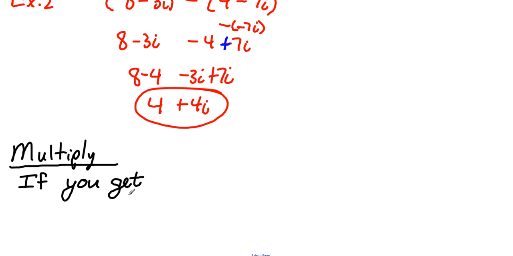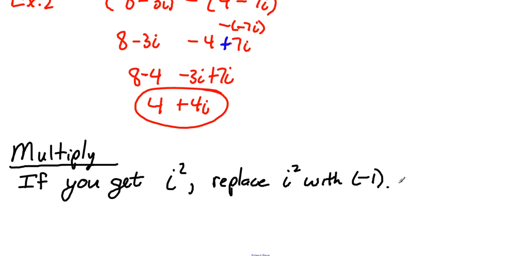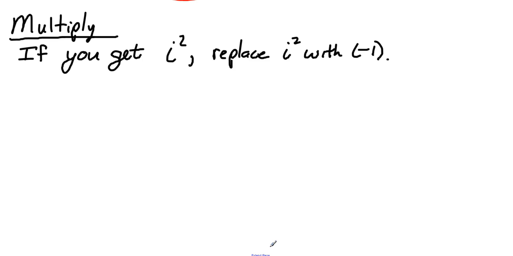The one catch is if you get i squared, you have to replace i squared with negative 1. Okay, any other time you don't do it. Everything else is just straightforward. But if you get i squared when you're working this one out, you have to take the i squared out and replace it with negative 1.